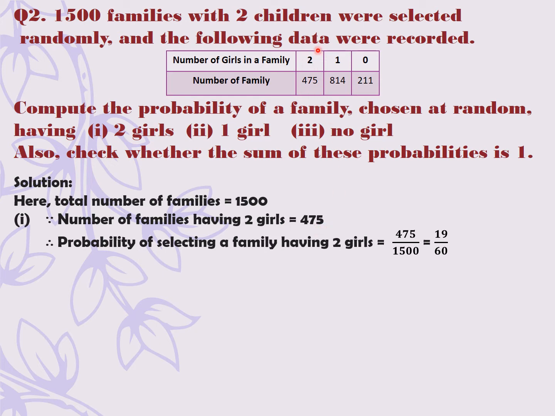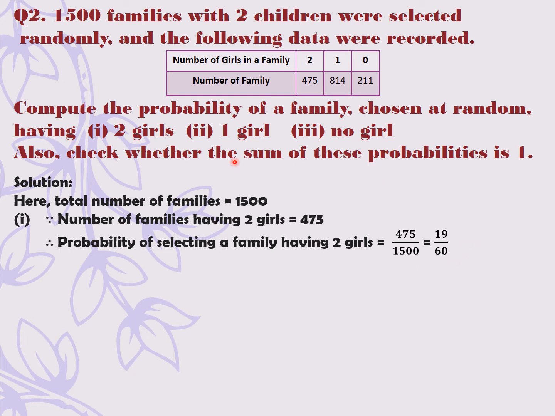Now we have to find the probability that the family will have 2 girls. So the probability of selecting a family having 2 girls is equal to the number of families having 2 girls, that is 475, by the total outcomes, that is 1500. If we simplify this, we will get 19 by 60.